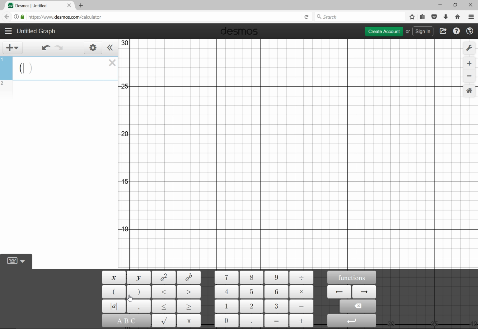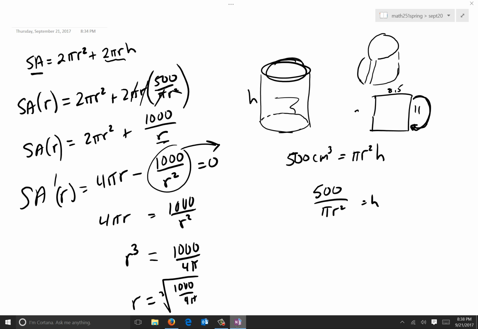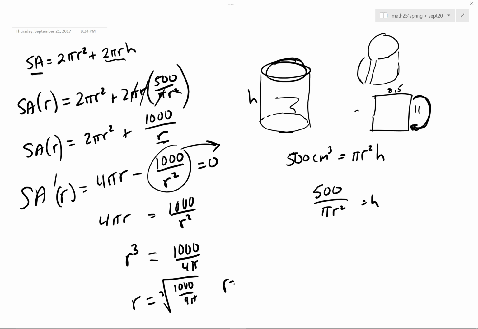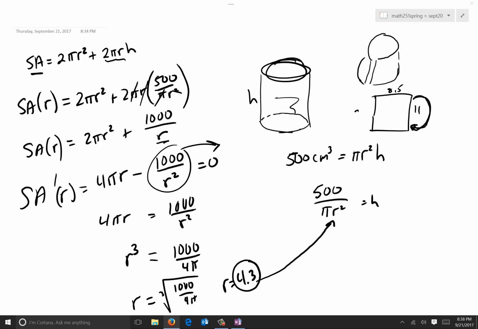That's okay. Parentheses, 1,000 divided by 4 pi, to the, and then make sure I use a parentheses. Most calculators, if you don't, will assume you mean to the first power and then divide the whole thing by 3. And that's not what I want. So 4.3 would be my radius. Okay? So the radius, 4.3. Now you stick that in over here, it'll tell us what our height ought to be.